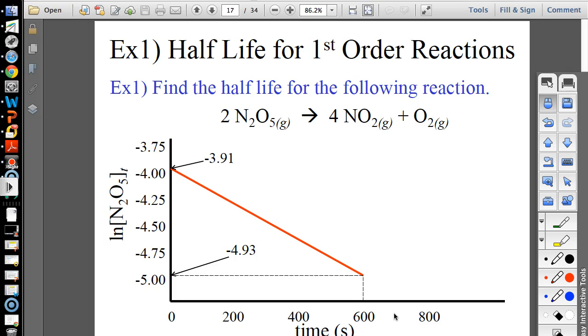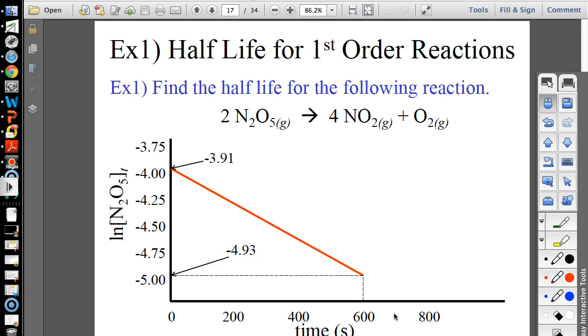So if we want to go ahead and find the half-life for the following reaction, I have here on my paper, I can actually find k. Do I have everything on here that I can find the rate constant? Do we have an initial concentration and time, and a final concentration and time, with the natural logs of it?